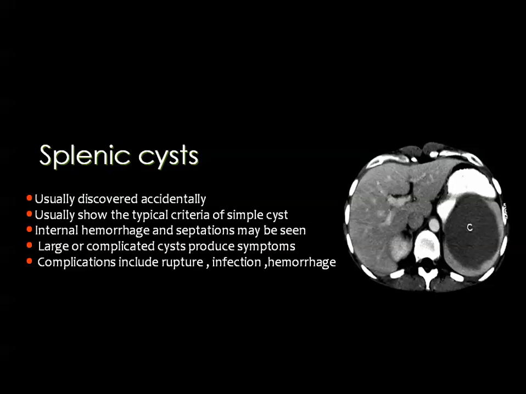The negative findings are no septation, no calcification, no enhancement, no mural nodules. And these are the criteria of the typical benign simple cyst anywhere in the body. Then the complications of the simple cyst are three: either rupture if it is large, or secondary infection, or internal hemorrhage.